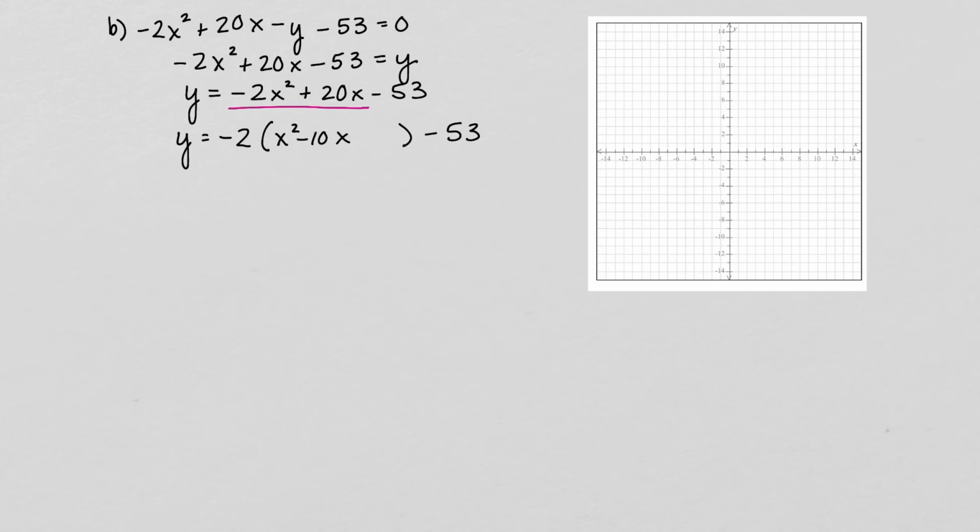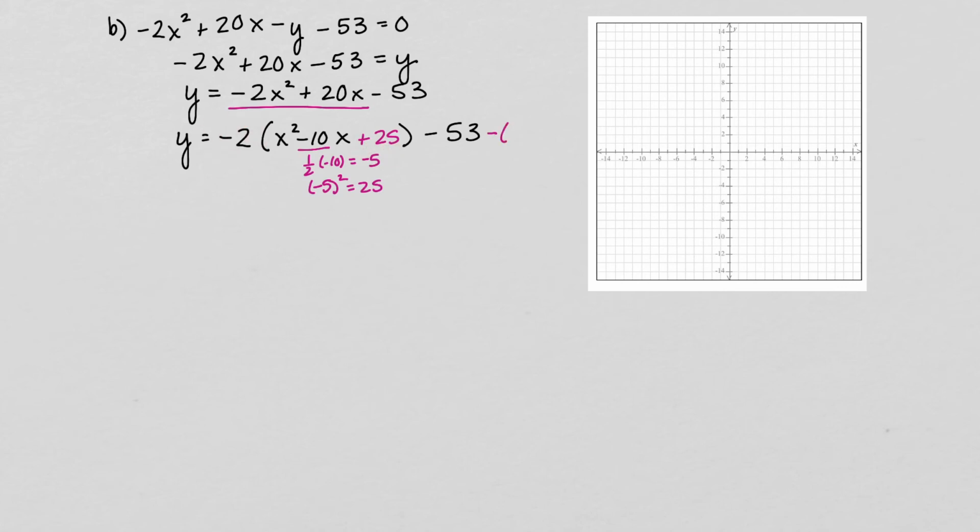And so to complete the square, we're going to look at the minus 10. So we're going to take half of minus 10, which is minus 5, and then we're going to square that. So minus 5 squared is going to be 25. So I'm going to add 25 in. And then since I added 25 in, I also have to subtract. But in this case, remember, I didn't just add 25, I added negative 2 times 25.